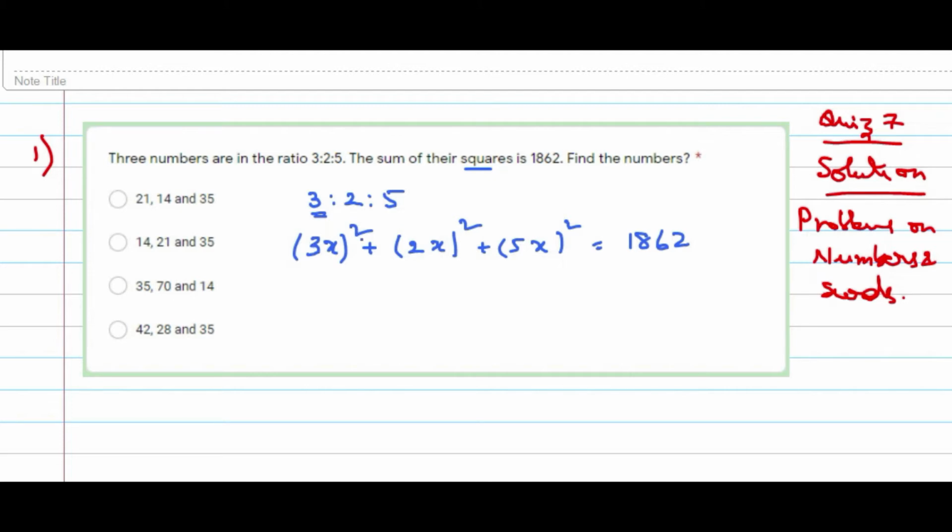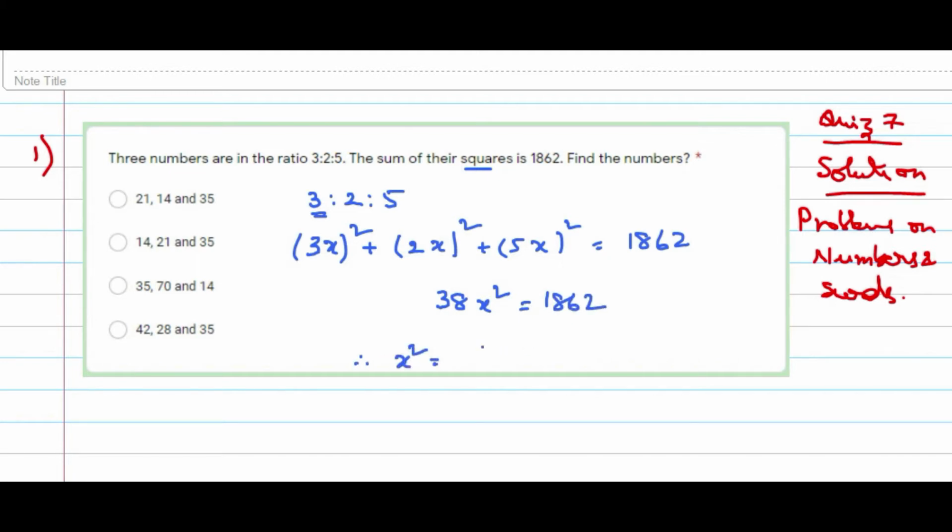So this is 9x square plus 4x square plus 25x square. So 9 plus 4 is 13, plus 25 is 38. 38x square is equal to 1862.